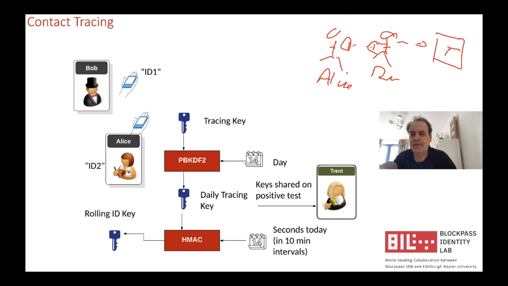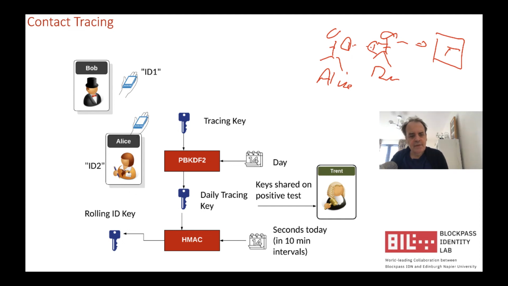We'll call them Trent just now, and Trent will be able to build up a contacts infrastructure to be able to identify when someone is proven to be infected, that they know who they should contact in terms of the contacts that someone has been involved with.